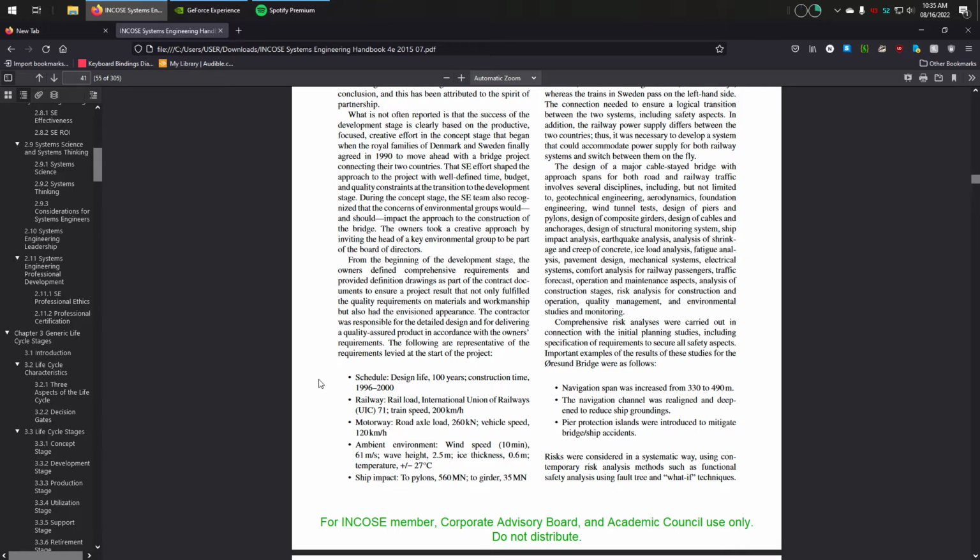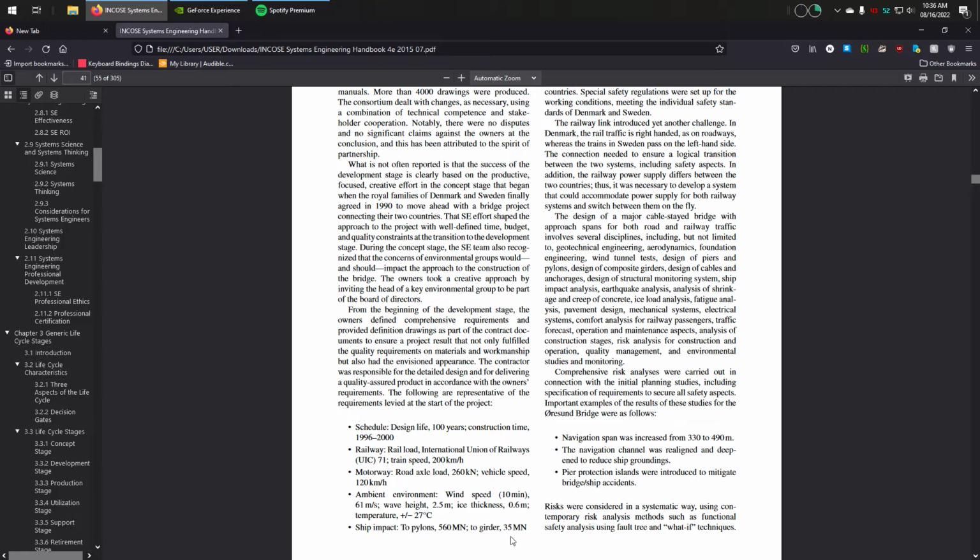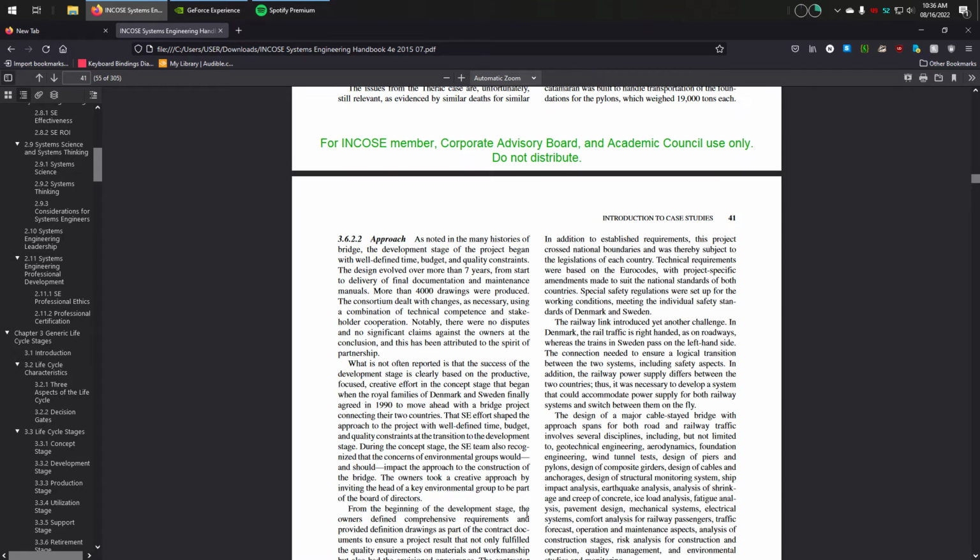Ambient environment. Wind speed for 10 minutes is 61 meters per second. Wave height 2.5 meters. Ice thickness 0.6 meters. Temperature plus or minus 27 degrees Celsius. Ship impacts. The pylons 560 meganewtons to the girders 35 meganewtons.